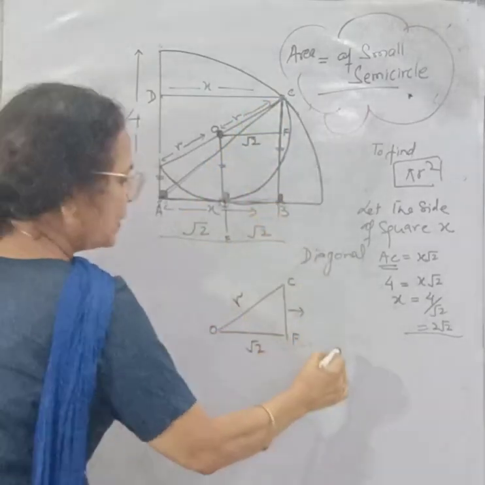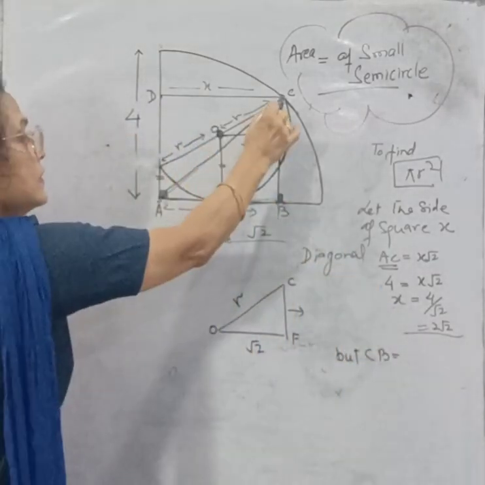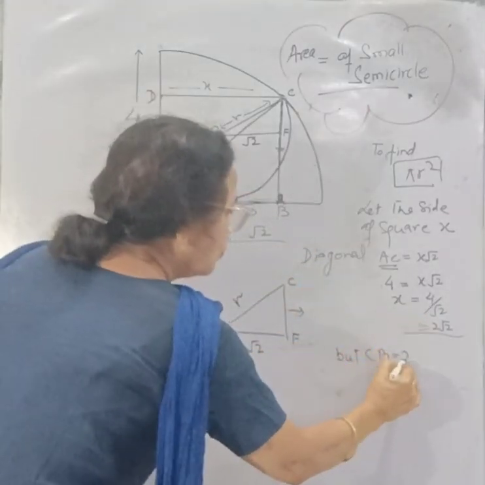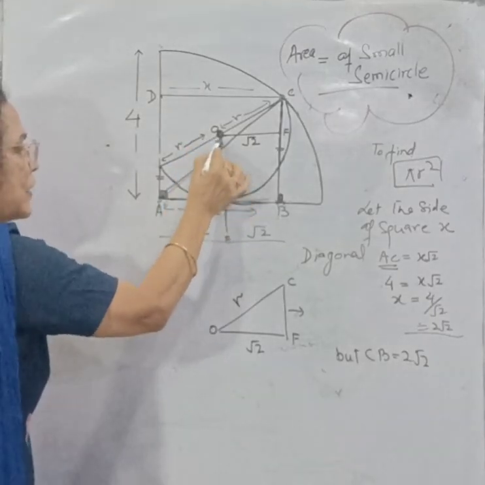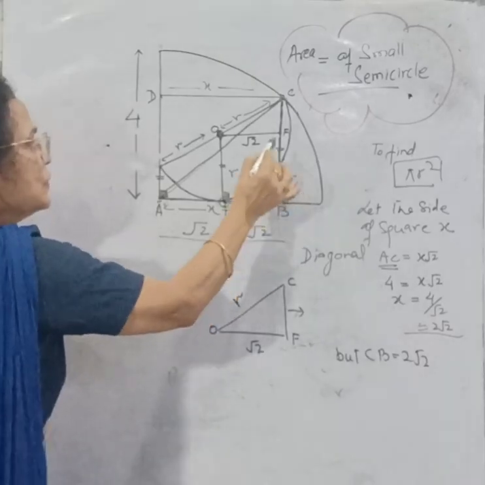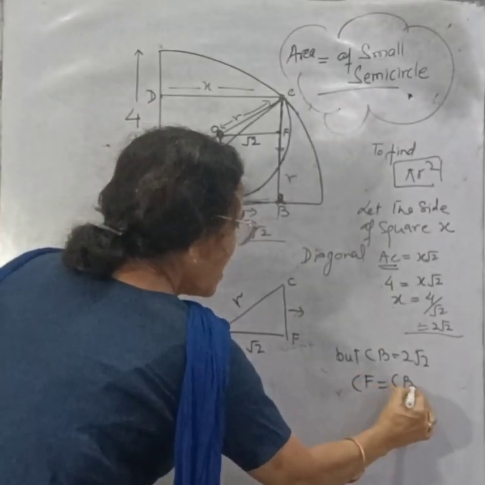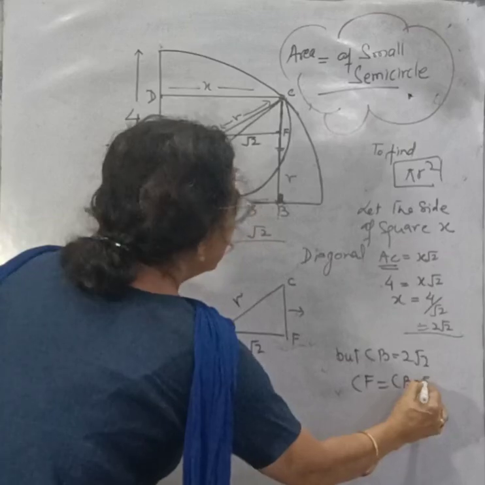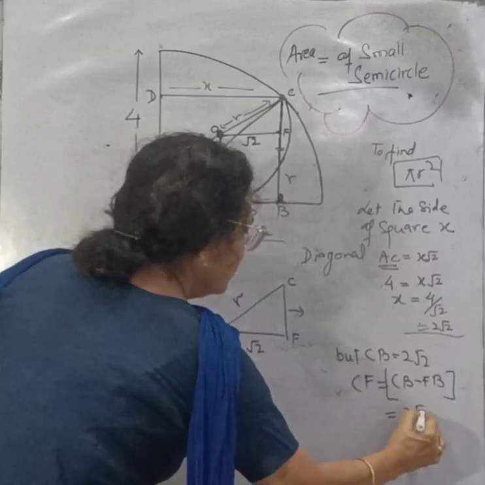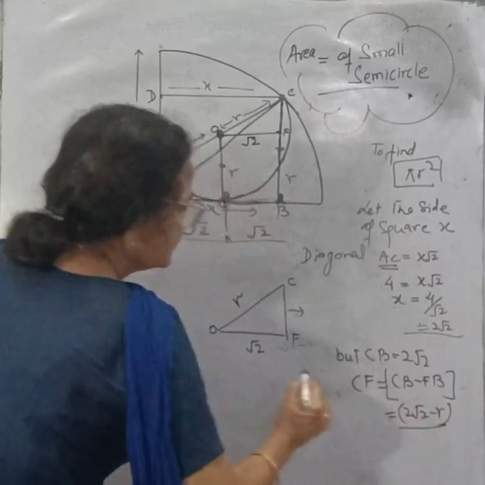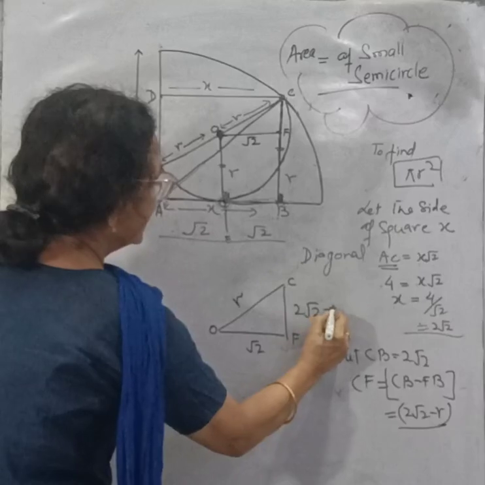But CB is the side of the square, that is x, equal to 2 root 2, and this is the radius, small r. So CF will be equal to CB minus FB, that is 2 root 2 minus r.